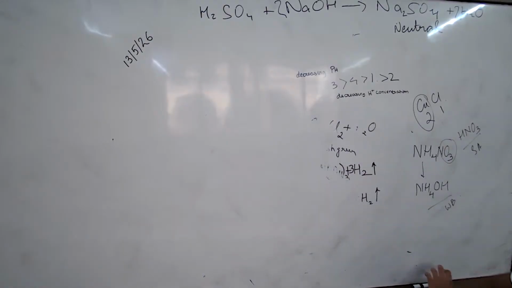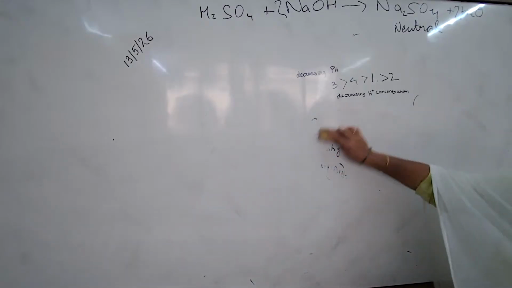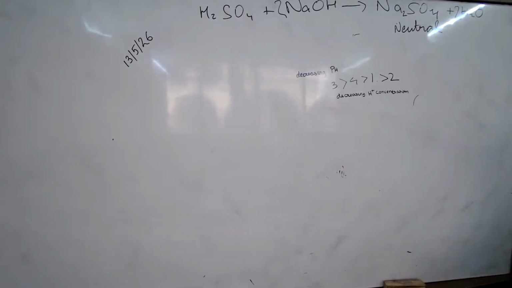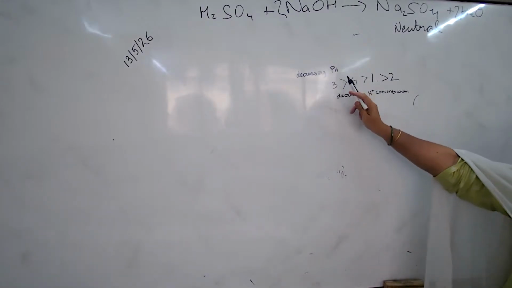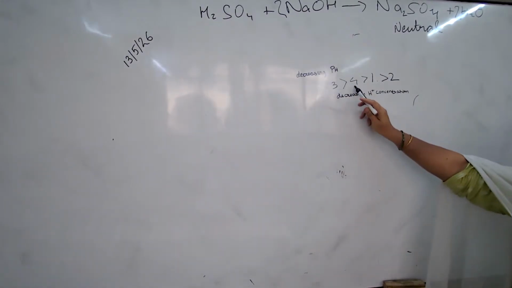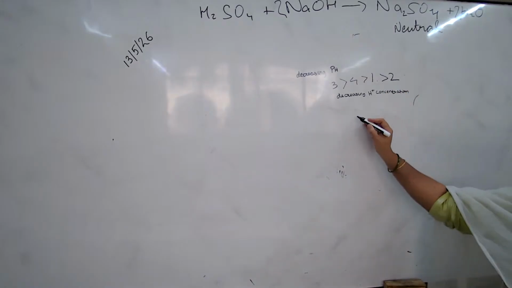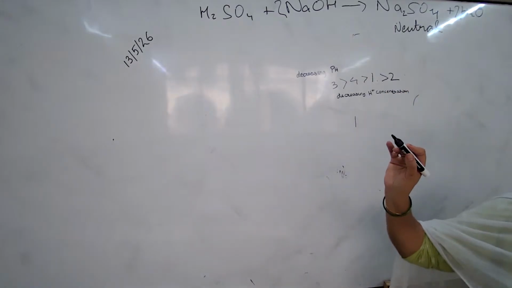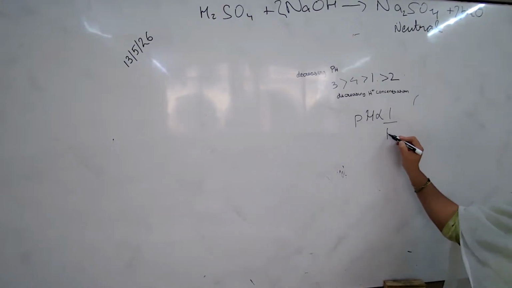Listen here, pH they have given. The decreasing order of pH was third compound, fourth, first and then second. This was the decreasing order of pH. Now, pH is inversely proportional to hydrogen ion concentration.